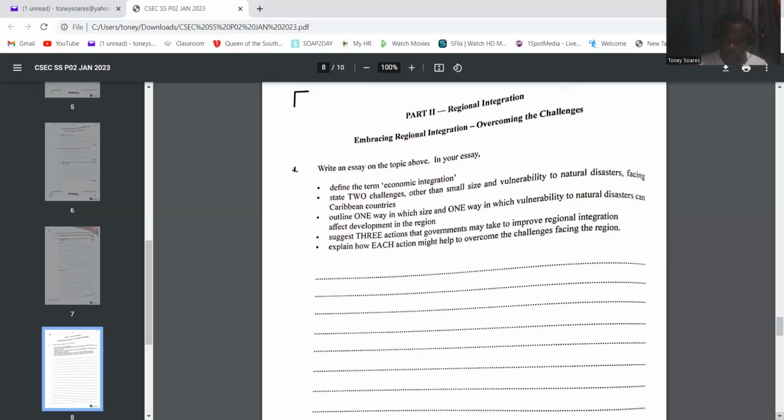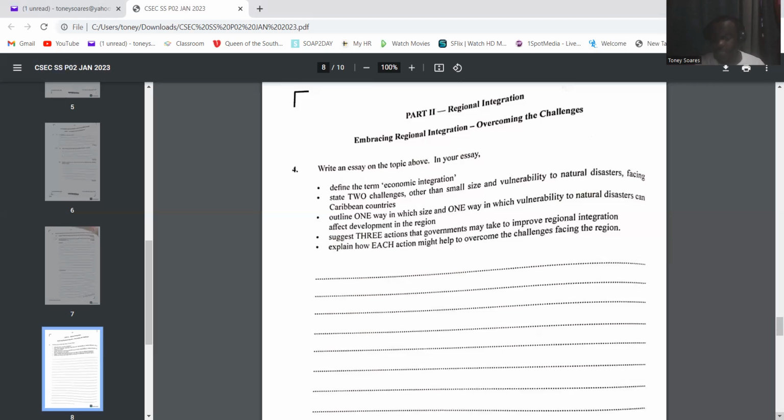Small nations struggle to compete in markets that are increasingly open as a result of globalization. Their small size means that business and economic expansion is not easy, and so they cannot benefit from economies of scale. All right, so you have to actually research what economies of scale are.